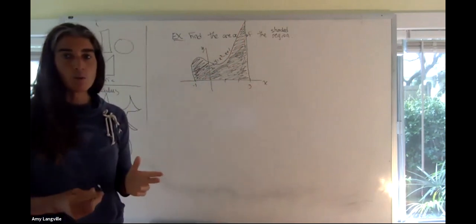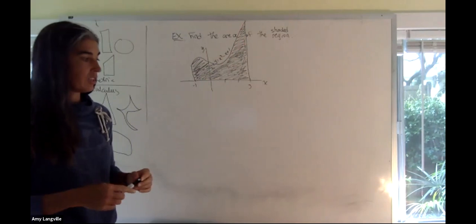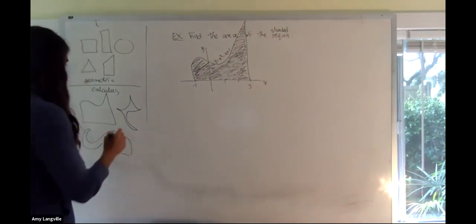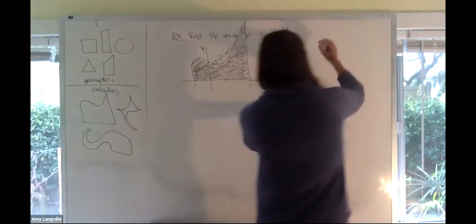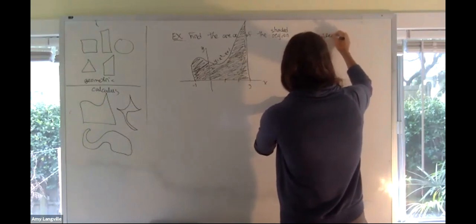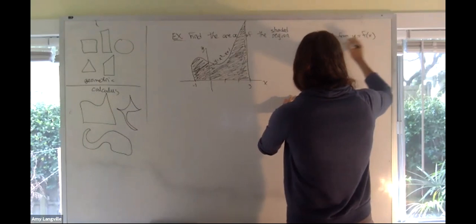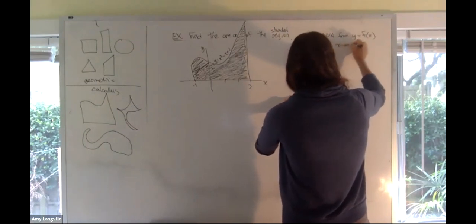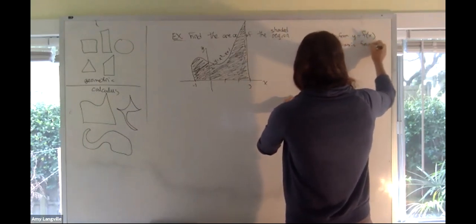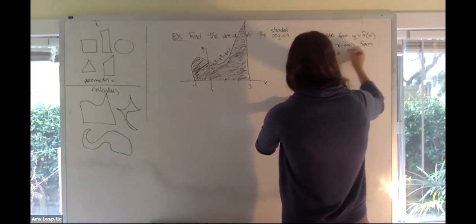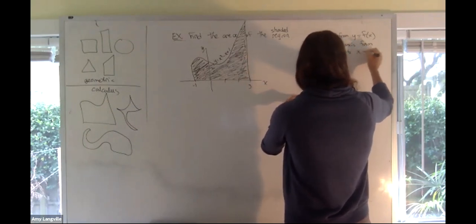Well, that's the type of problem that we're going to be able to do. The area under a region, we'll put it over here, from y equals f of x to the x-axis, from some limits x equals a on the left side to x equals b.